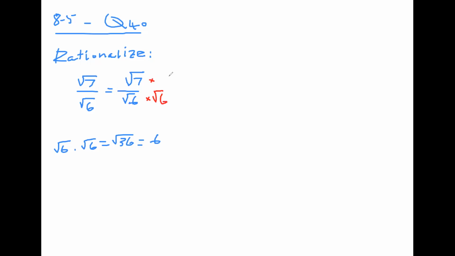Radical 6, that's right. To keep the ratio the same, to keep the division the same, we get an equivalent fraction. So make sure you multiply both by the same thing. These two are equivalent fractions.